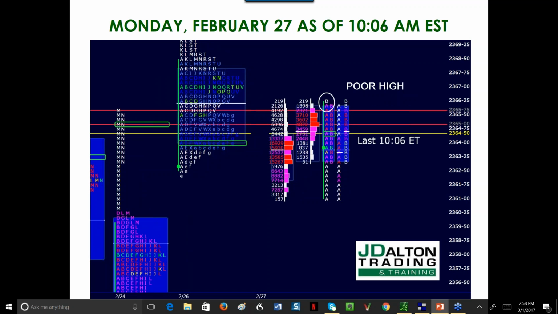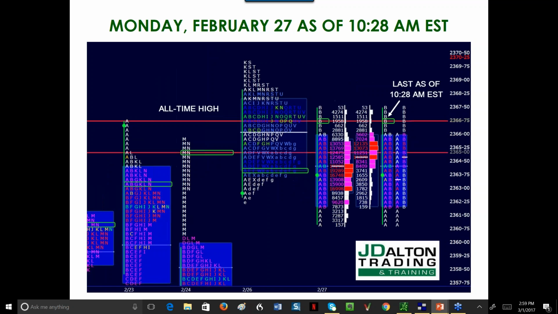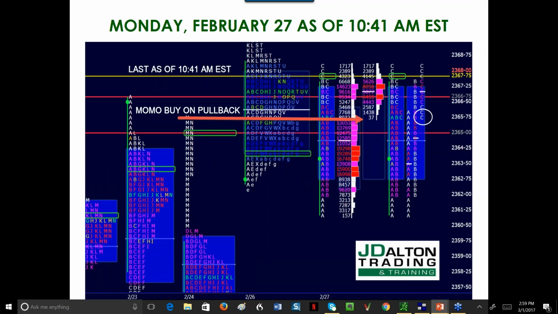Then the market broke a little bit, and the market rallied, leaving us with a poor high, meaning no excess. Then we had a little range extension once it went above Thursday's high. And remember, we kept coming down to the MOMO, or the momentum buying references. I didn't think those references were going to hold.